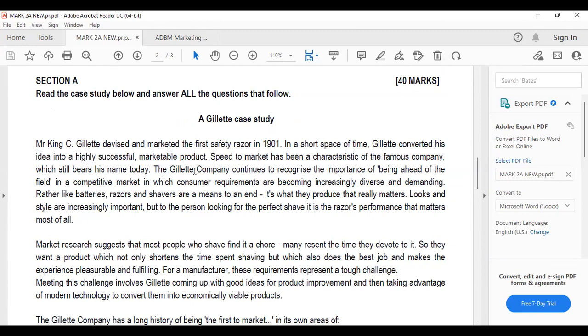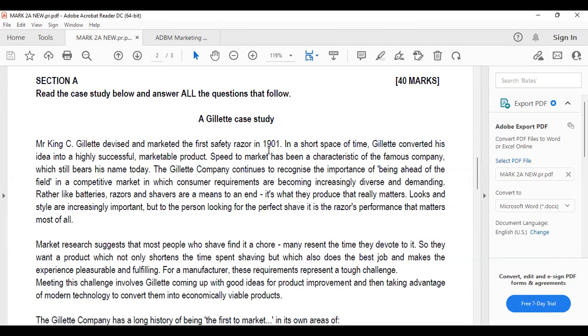Now here, according to the case study, they are saying Mr. KC Gillette devised and marketed the first safety razor in 1901. So you can see that the product was actually introduced in 1901. So this can now tell you that this product is past already the introduction stage. It is no longer in the introduction stage. It was introduced a long time ago.